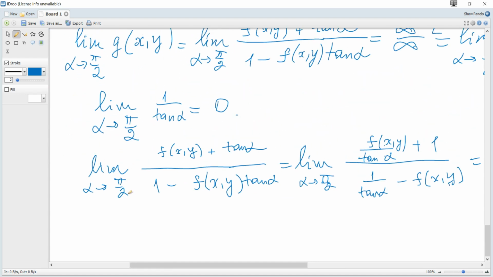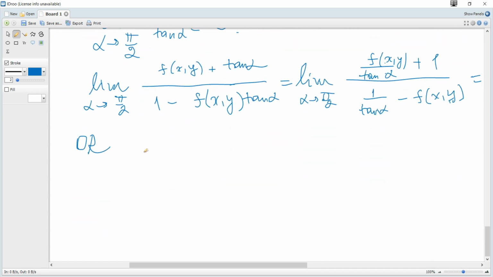Or we know that tangent is sine over cosine.